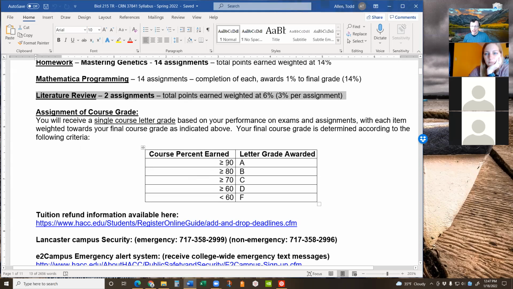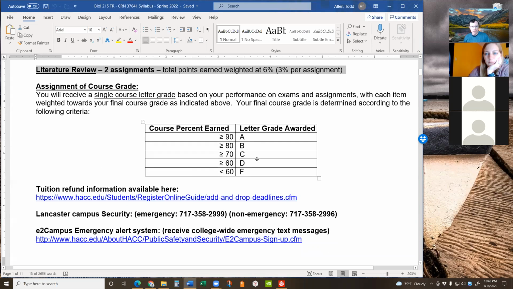And so, as you may be used to in other courses, if you earn an 83% as your final percentage at the end of the semester, you're going to get a B. If you earn a 91%, you're going to get an A. If you earn a 67%, you're going to get a D. Okay. All right. Any questions so far?